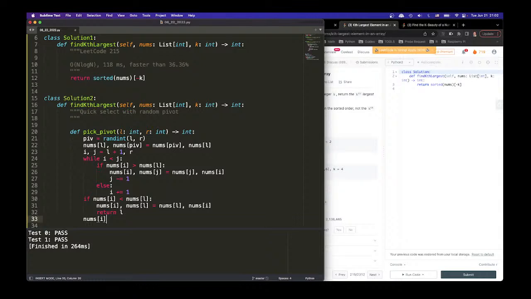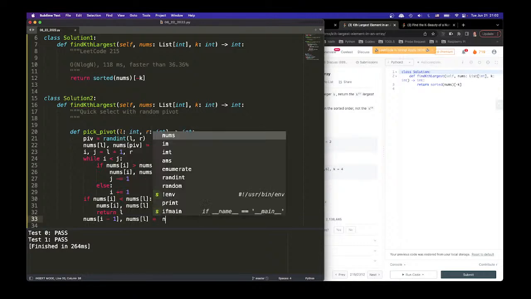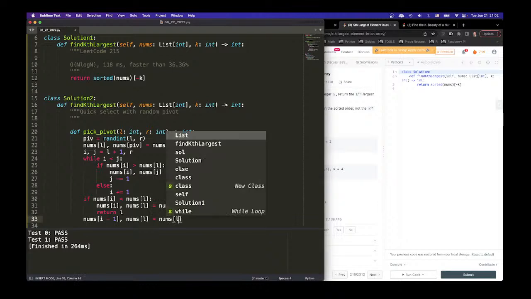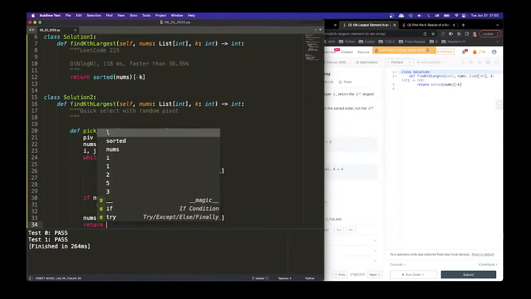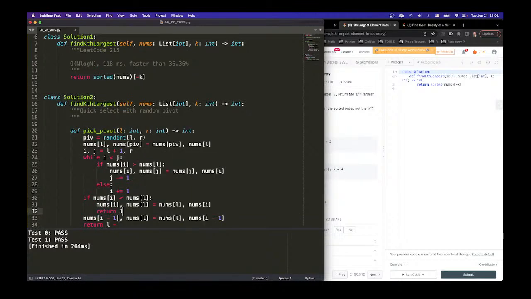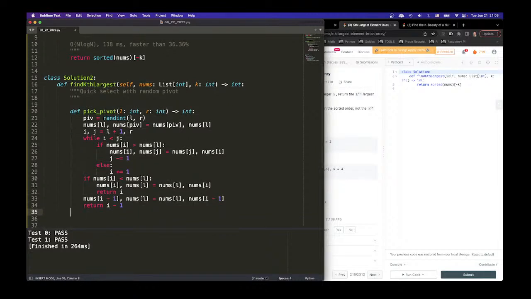No matter what, it has to be I minus 1. nums L equals nums L and nums I minus 1. And I'm going to return I minus 1.